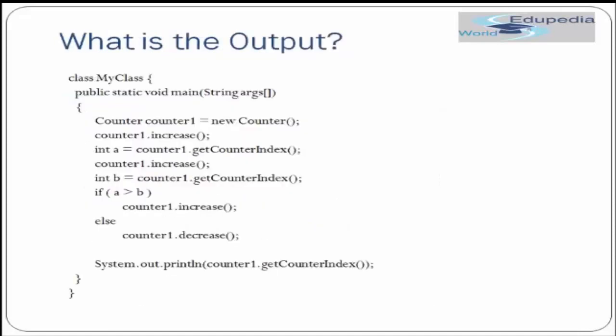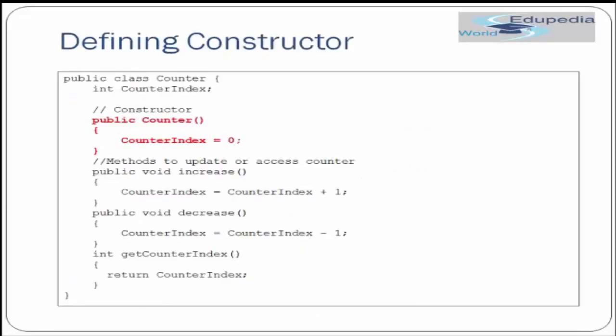After that we call counter1.increase, and after calling increase we take the counter index in A. The increase is increasing counter index by 1, so the counter index will become 1, and A will also get the value 1 because getCounterIndex is returning that. After that, you're again calling increase and the counter index will become 2, and then taking the value in B. So B will have the value 2, A will have the value 1.